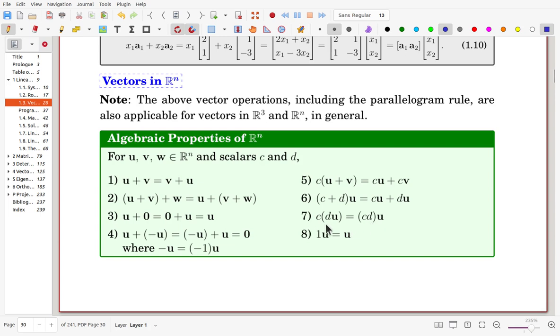In practice, this one will be more efficient. The other requires d multiplication for each component of u, and later c multiplication for each component. But for this one, you get cd once, and the quantity is multiplied to all components of u. If scalar 1 is multiplied to a vector, it is not changing.